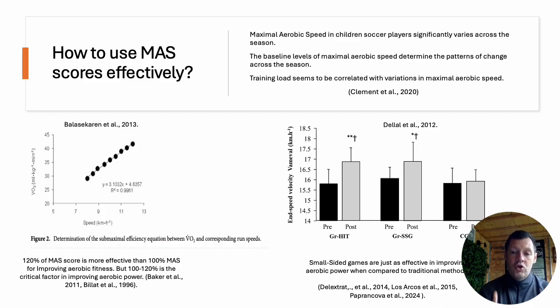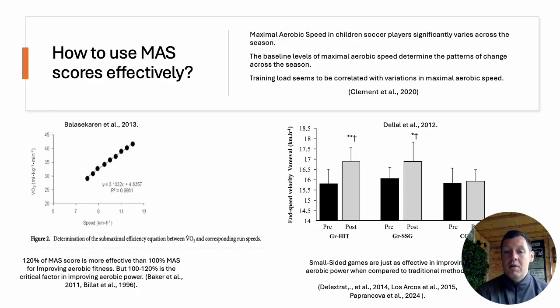They found that between 100 and 120% MAS is the critical factor for improving aerobic power, but then other researchers found that 100% MAS is less effective than 120% MAS. But I think starting players at maybe 100% MAS and then progressively increasing the training load to 120% MAS might be a way to go, because you're offering a little bit of progression, so you're not going all guns blazing.